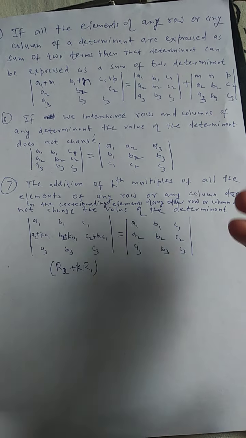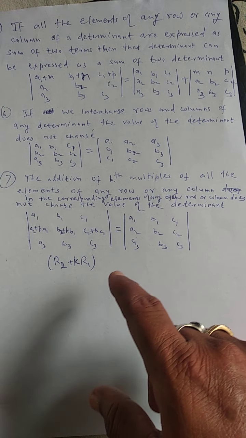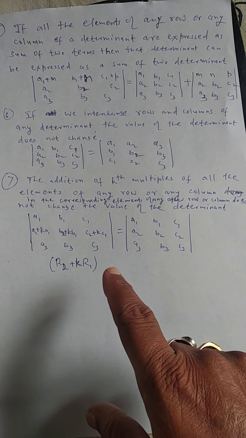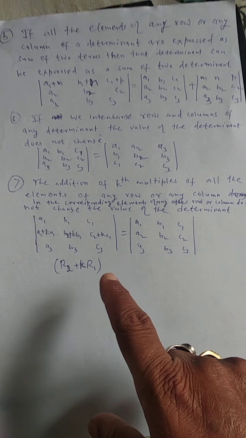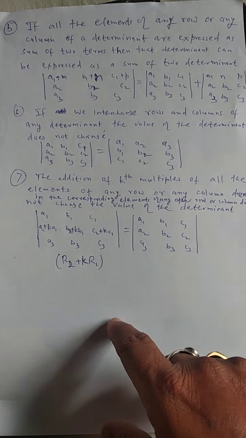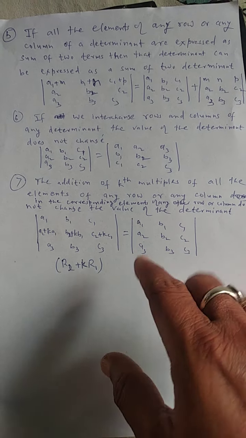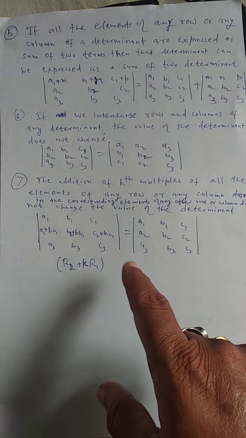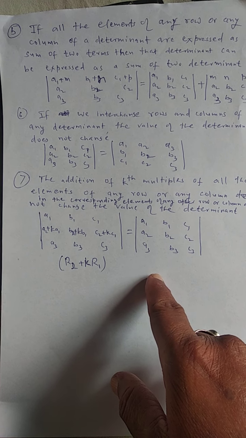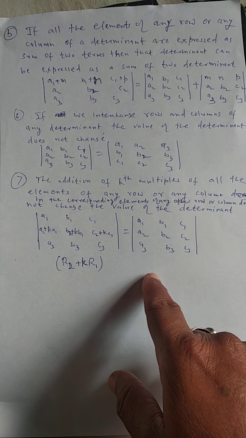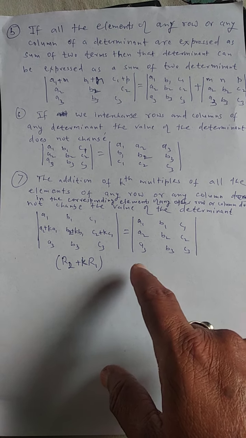In the last lecture there was such a requirement. Requirement means the expansion or simplification becomes simpler, and therefore we used that property: R2 minus R1 and R3 minus R2, like this. I suppose you are clear on all these seven properties, and you should try to solve examples on them.